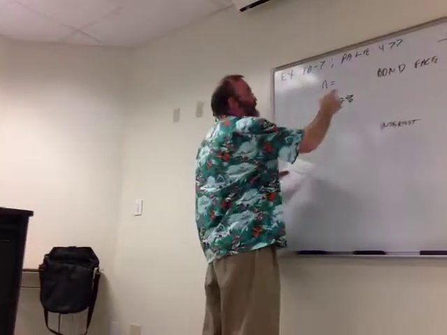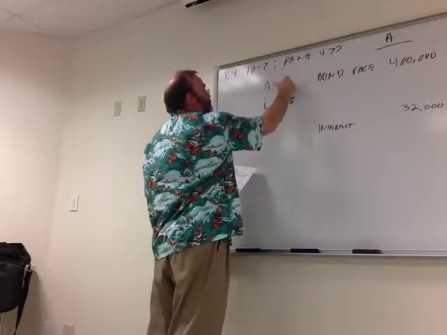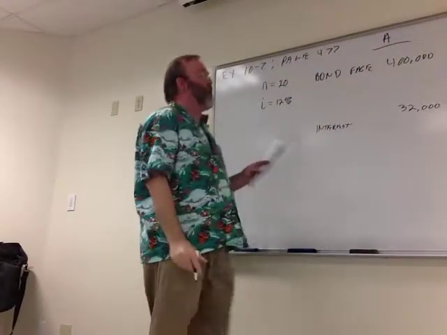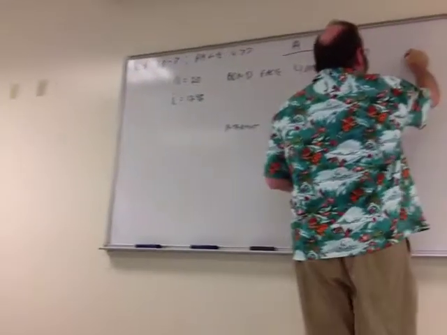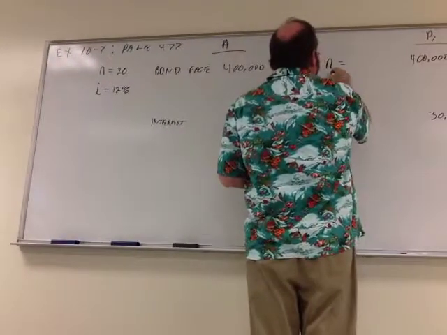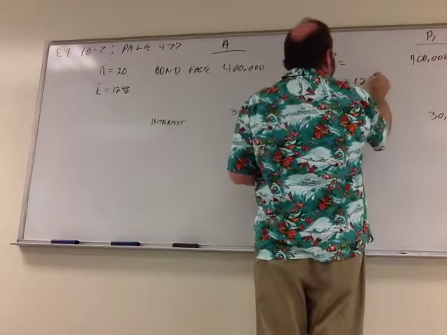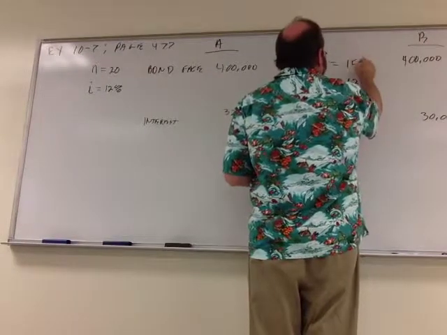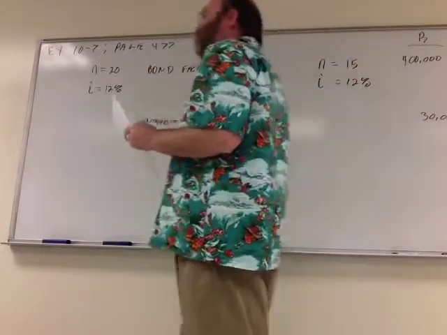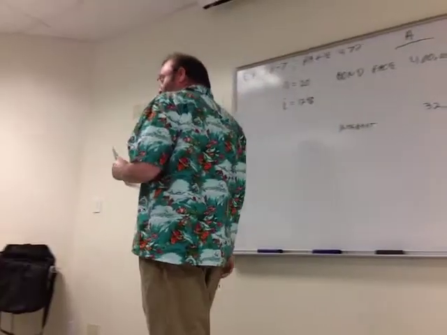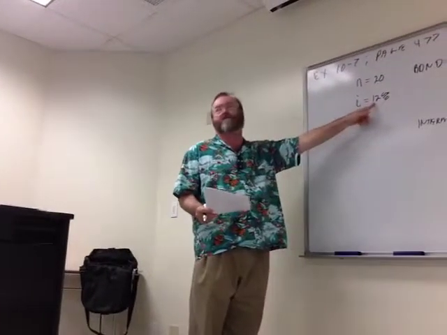The maturity is 20 for A and 15 for B. However, in both cases these are years and an annual interest rate.